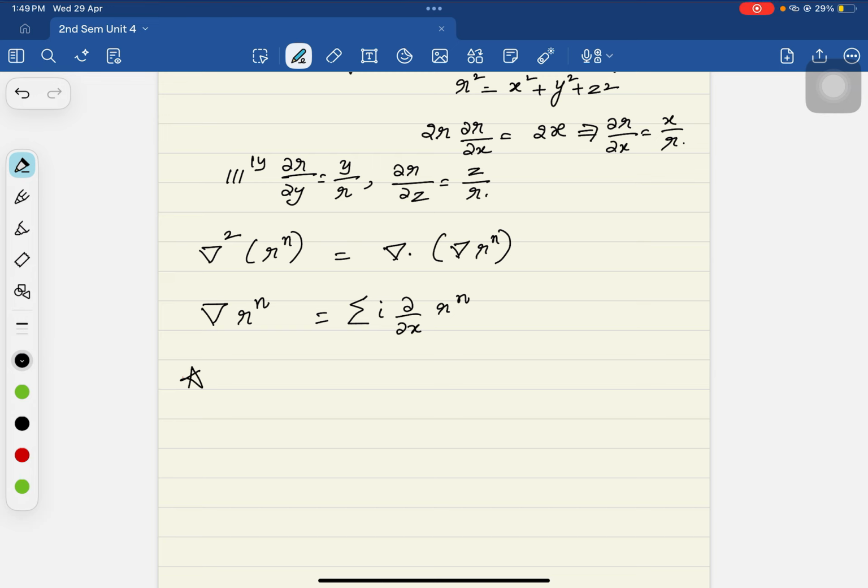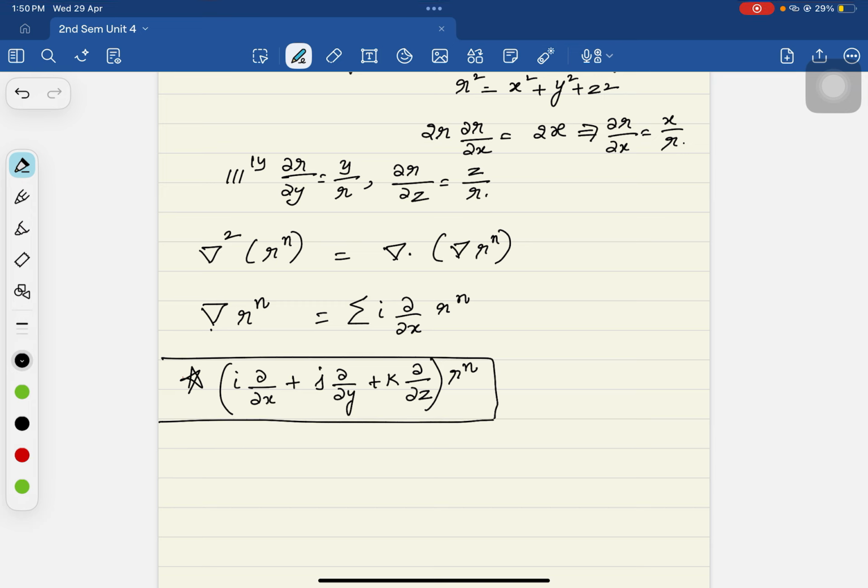Let me write down very clearly. What do you mean by del actually? It is i dou by dou x plus j dou by dou y plus k dou by dou z of r power n. So if I write this as sigma i dou by dou x of r power n, it means it will continue with the j and k components. Just to save time, we will write like this.